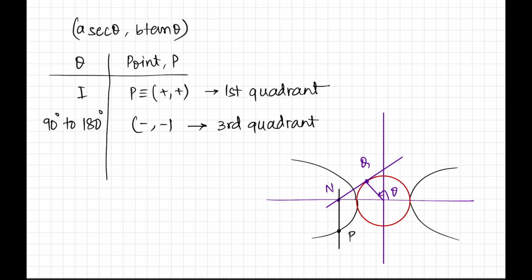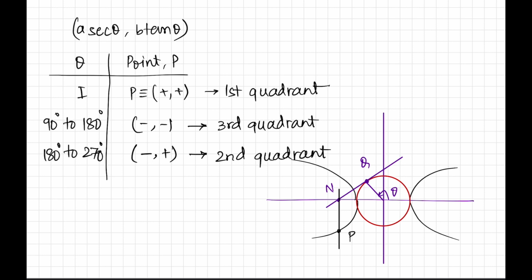Now similarly, if the angle is from 180 degrees to 270 degrees, then tan theta is positive and sec theta is negative. So the point will be in the format (negative, positive), and this will indicate that the point lies in the second quadrant.